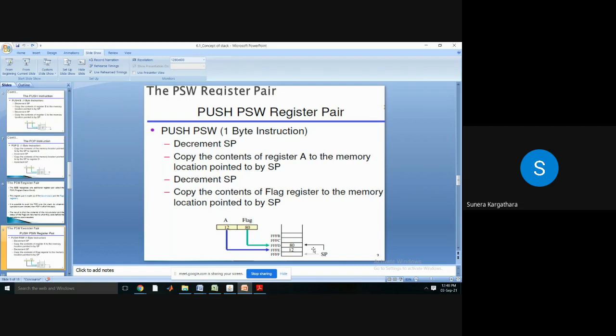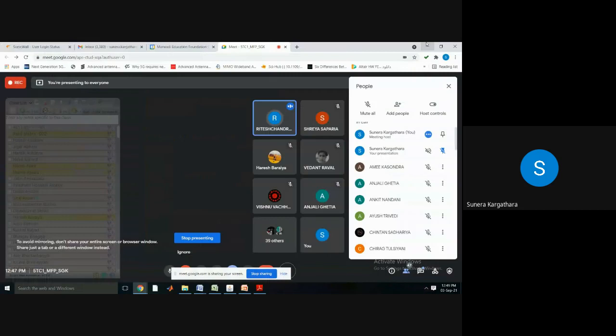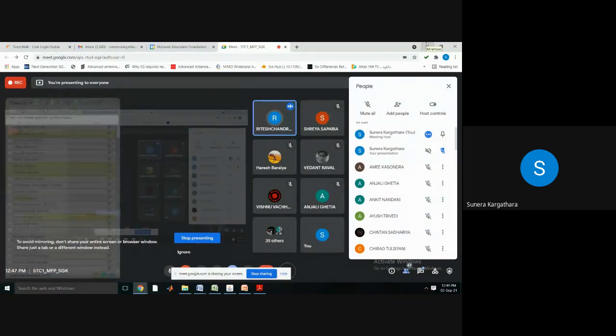So now if I want to modify register D, then I may have so many options. If you put your flag data into a general purpose register, then you may have so many options to change it, to modify it. Are you getting my point, Ritesh? Yes, sir. Yes, ma'am.